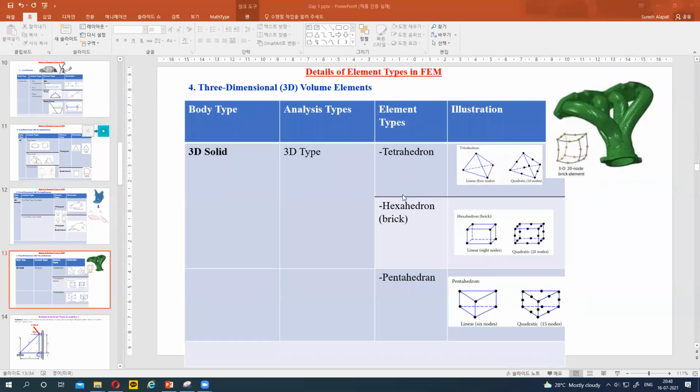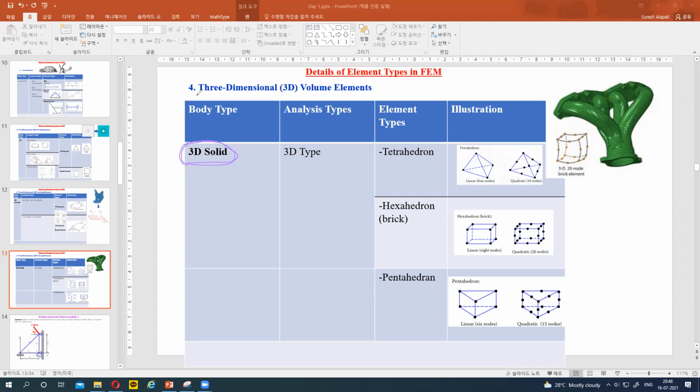The final one is the three-dimensional body, the real body. If you don't want to use any of those line elements or shell elements or the two-dimensional surface elements like triangular or quadrilateral elements, we just model the body as it is using a 3D solid body.